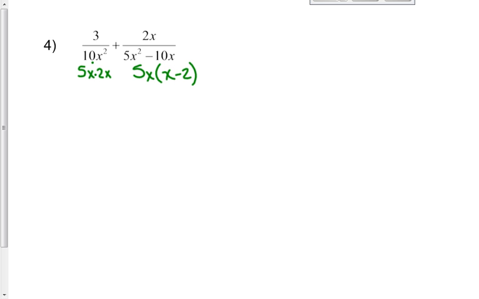So now I want to pick out the things that are common in order to make my denominator. I do not have a matching x minus 2 in both of them, but I know that I need to use every quantity that I see, so I have to use the x minus 2. I do have a 5x that matches in both of them, so I can just keep that 5x one time. And then I look for anything left over that I also have to use.